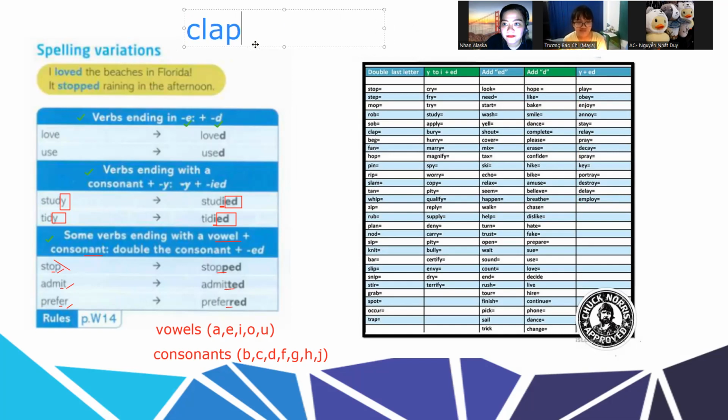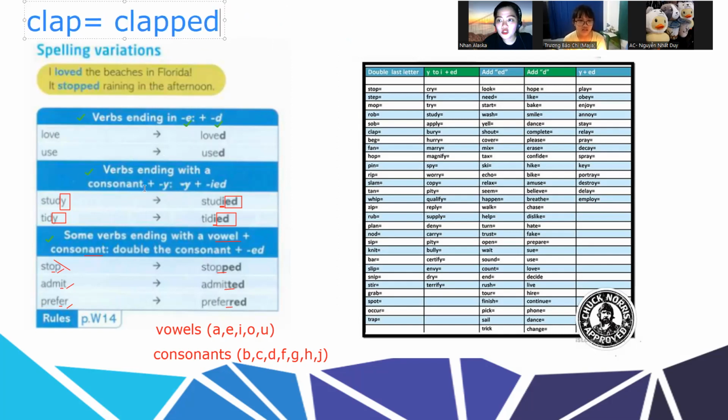Clap. Which rule? All right. How do you spell it? Uh, C-L-A-P. Okay, and it follows rule number 1, 2, 3. Number three. Number 3.